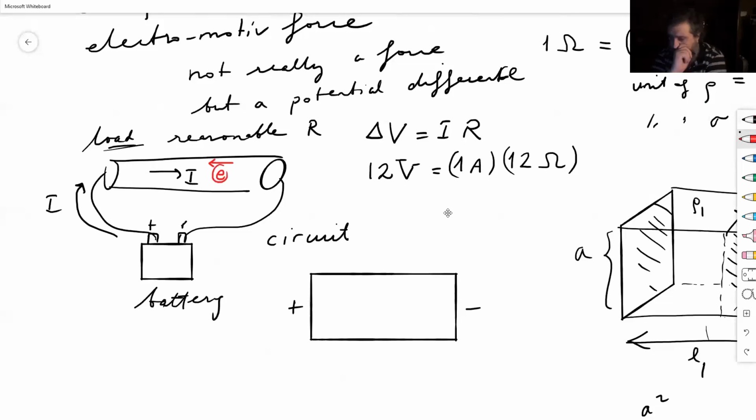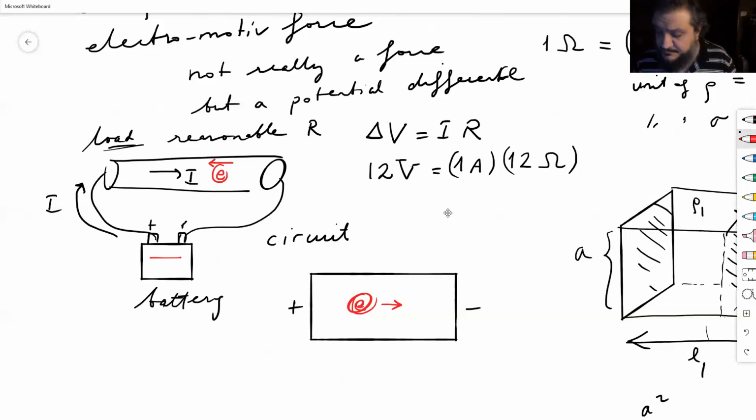Electrons are moving to the left, which means electrons are moving from the positive terminal to the negative terminal inside the battery. But that's not really what these electrons would do on their own, right? Electrons would move to the positive side, they will be attracted. But that's where the chemical reactions are doing their thing. They're pushing the electrons. Electromotive force is actually like a pump, pumping the electrons in a certain way.